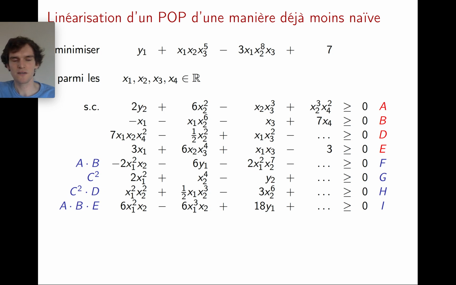Notice how, compared to what we were previously doing, now y2 actually shows up in several different places. Before, it was only showing up in one constraint. But now, because of those new redundant constraints, it shows up there as well. Just like y1, the first one that we replaced, used to only show up in the objective, but now it shows up in these redundant constraints that we're linearizing.